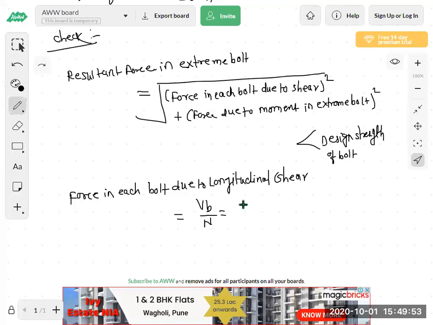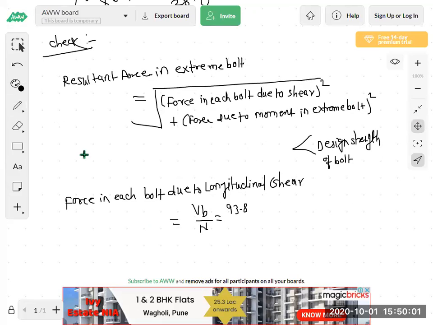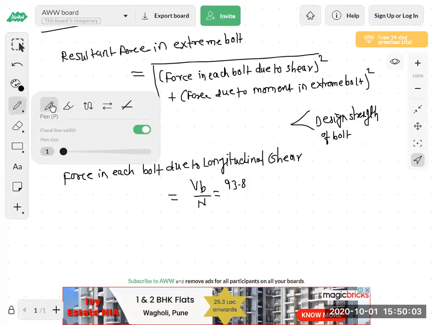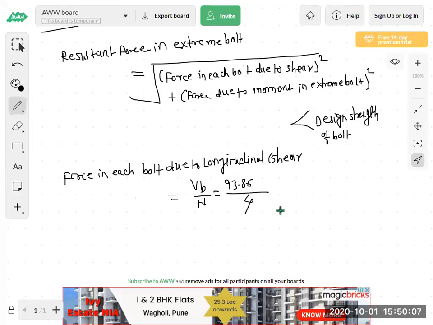So VB is 93.86, divided by how many bolts are used? We have 4.